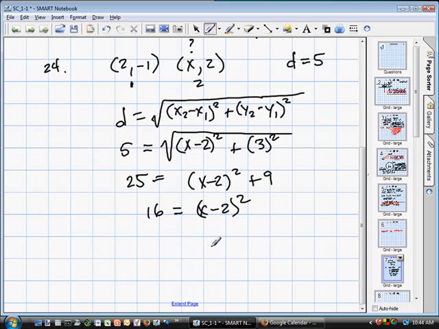And now I could take the square root of both sides. And there's actually 2 answers. Because when you add 2 to both sides, well, no, Kyle, you're right. Because when you add 2 to this, you're going to get 6. When you add 2 to it when it's -4, you're going to get -2.